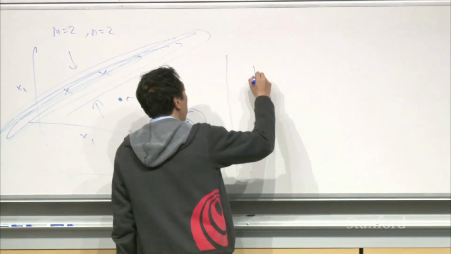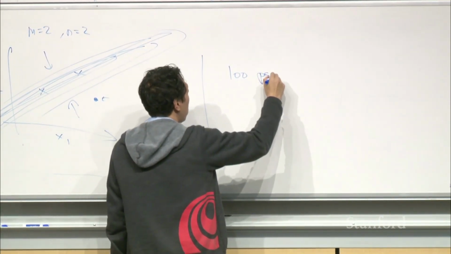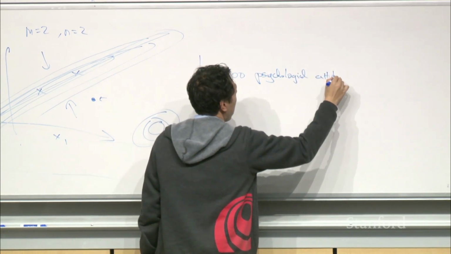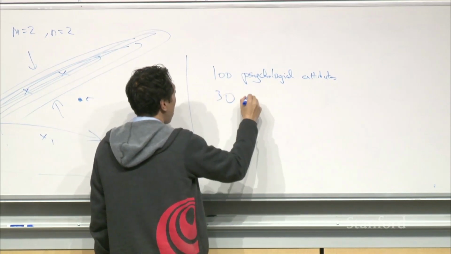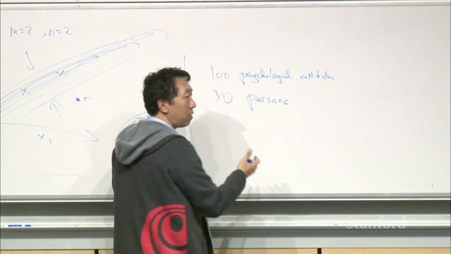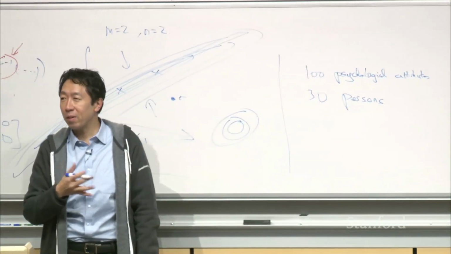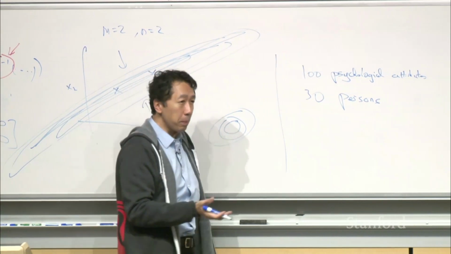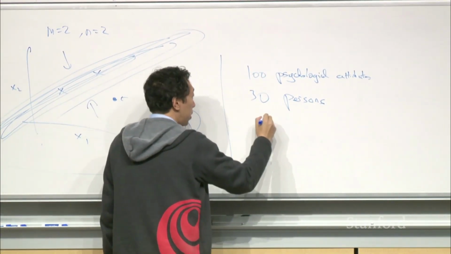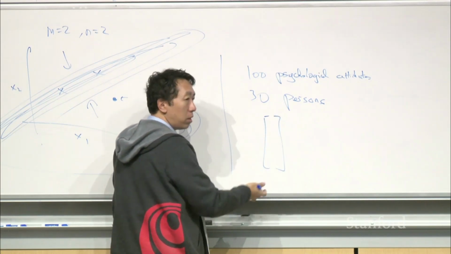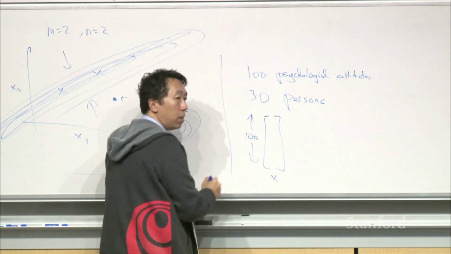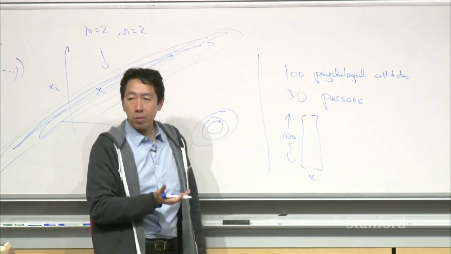So you might have 100 questions or measure 100 psychological attributes, but have a data set of 30 persons. Doing psych research and running survey data is hard, so maybe you have a sample of 30 people, and each person answers 100 quiz questions. So each person gives you one example x, 100-dimensional, but you have only 30 of these.